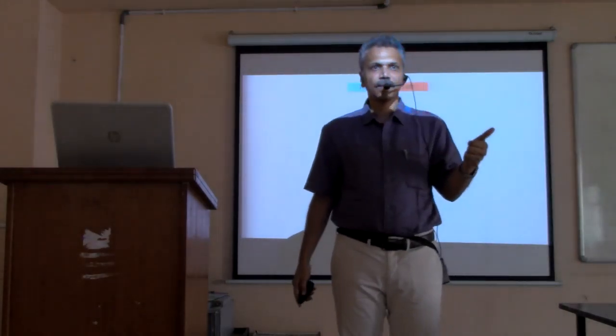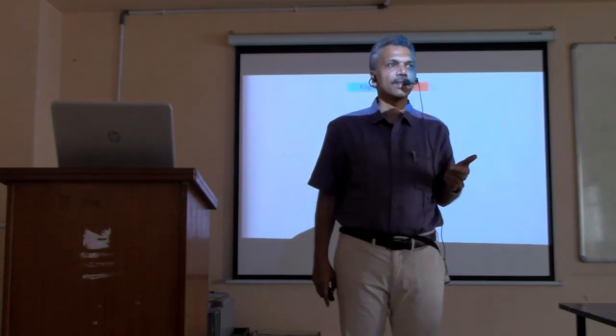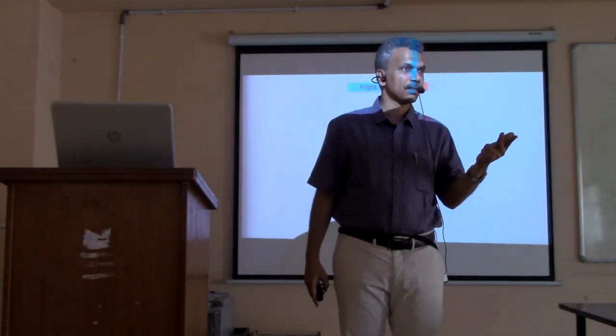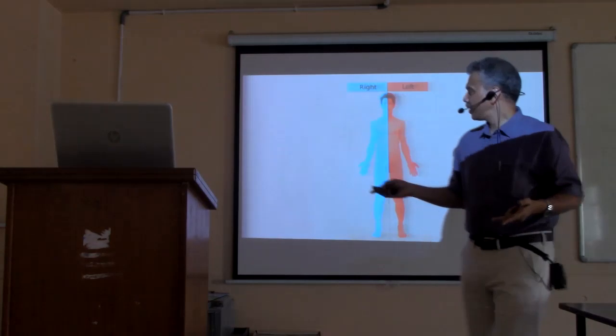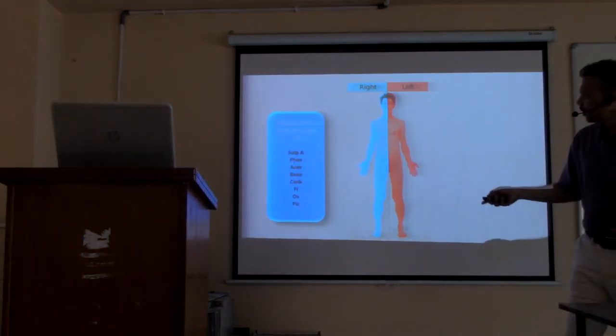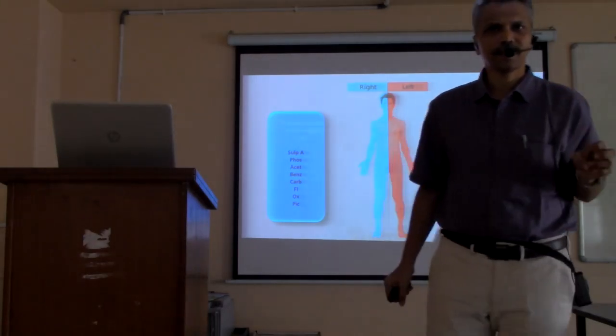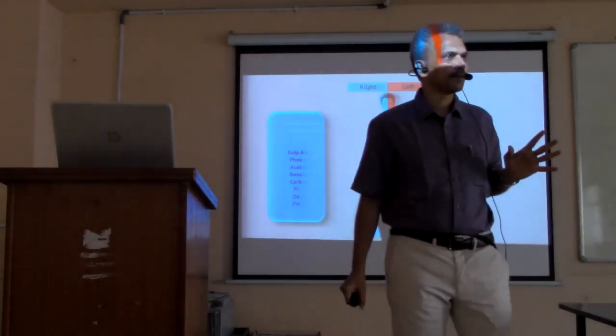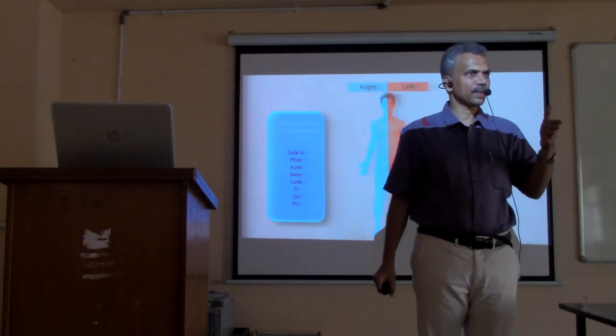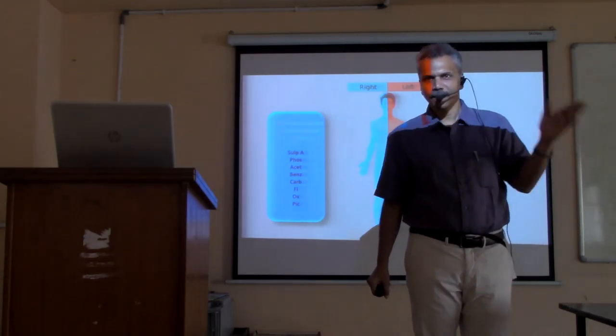Lachesis, Thuja, good. Berberis. Okay, and many more remedies. There are a list of remedies. Now what I want you to understand here is majority of the acids are right sided. For your information, majority of the acids are right sided.